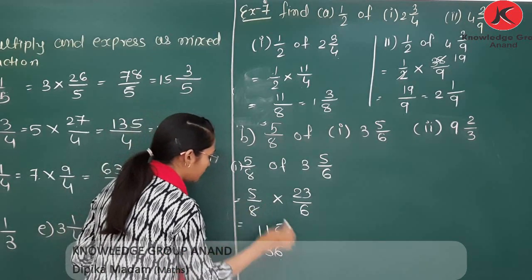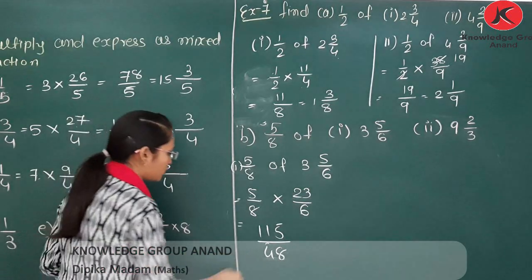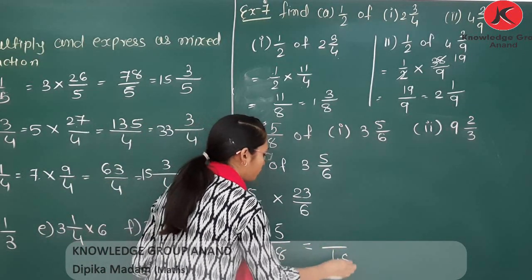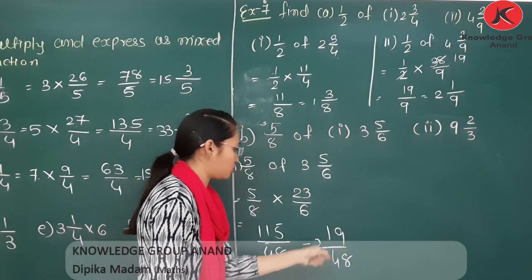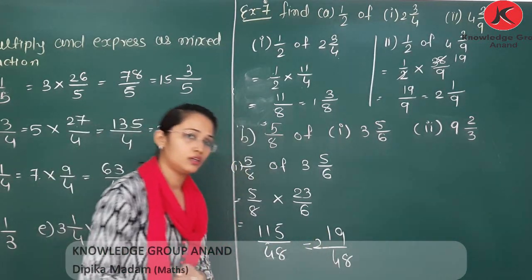So this is 8, 48. Now convert this into mixed fraction. If you multiply 48 with 2, you will get 19 as a remainder. So it is 2 19 by 48.